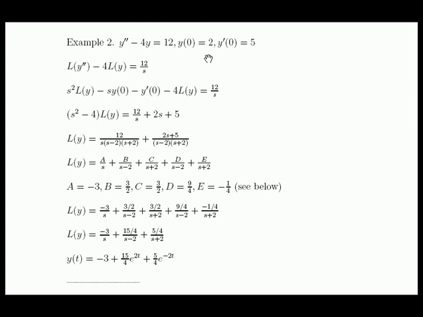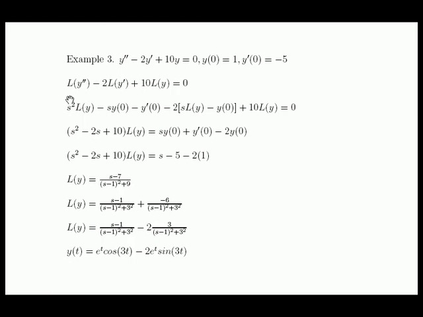If you want the general solution for some reason, you just say y of 0 is a, y prime of 0 is b, and go through the same process, and you'll get a and b in the solution. And that's a form of the general solution that's particularly nice, because if you want to plug in the initial conditions later, you do it really easily.